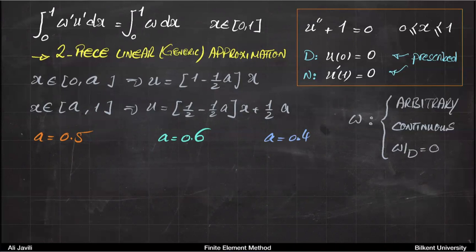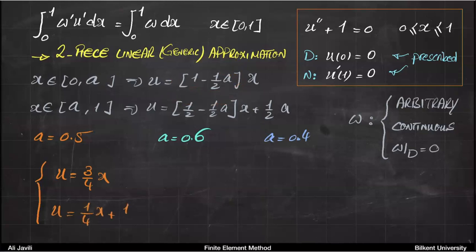So if you insert a equals 0.5, and you compare these two solutions, you get 1 minus 1/2 of a, which is 1/2 of 0.5, or 1/2 of 1/2, that is 1/4. So that gives you 3/4. So that would be 3/4x. And the second one would be, let's say, 1/4x plus 1/4.